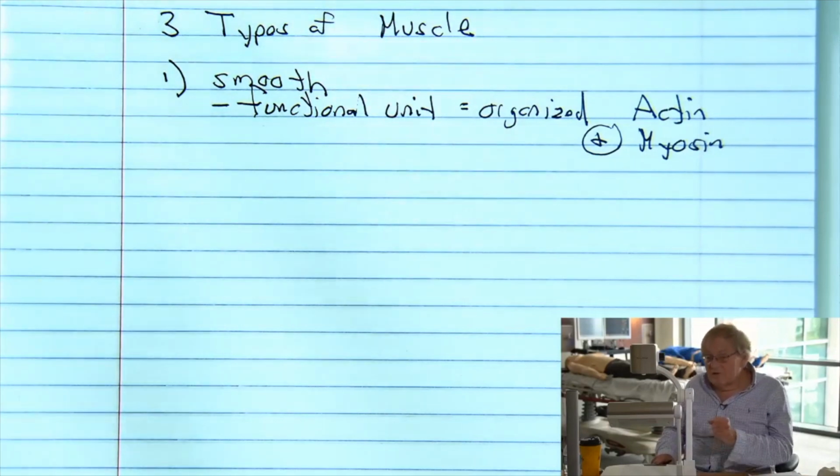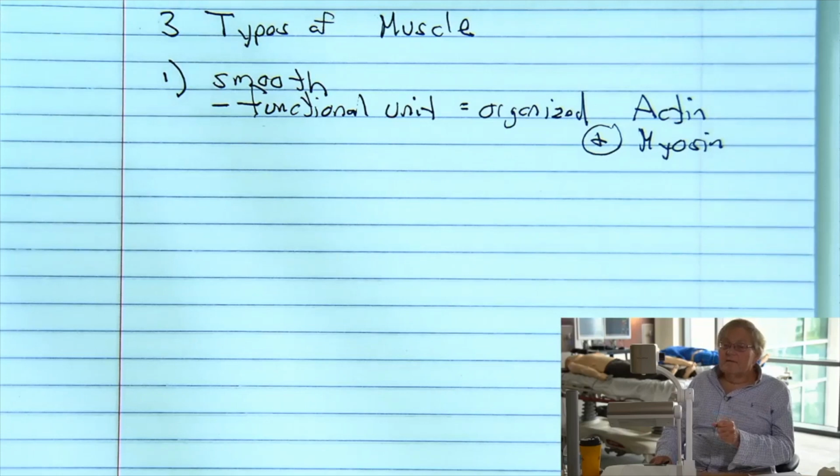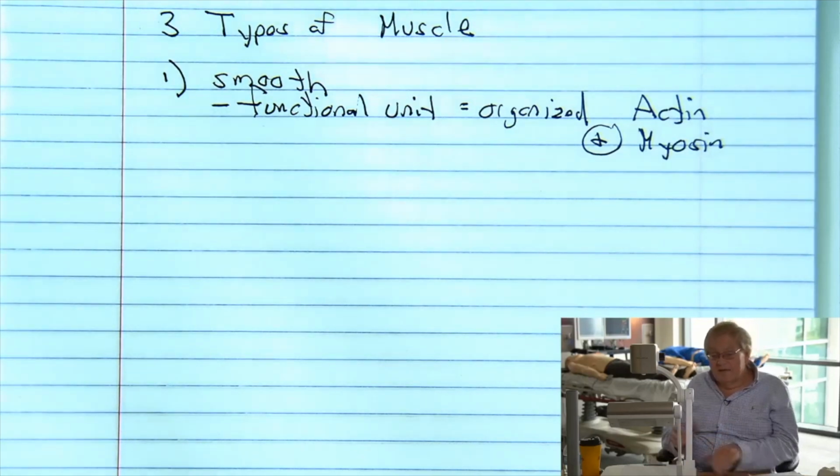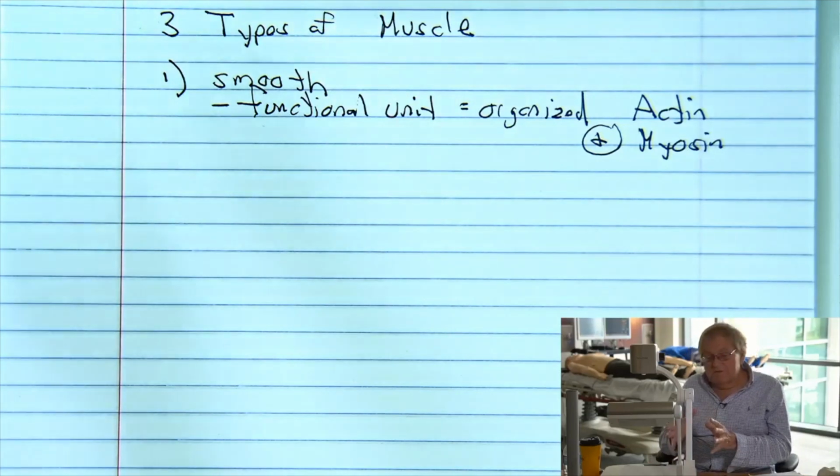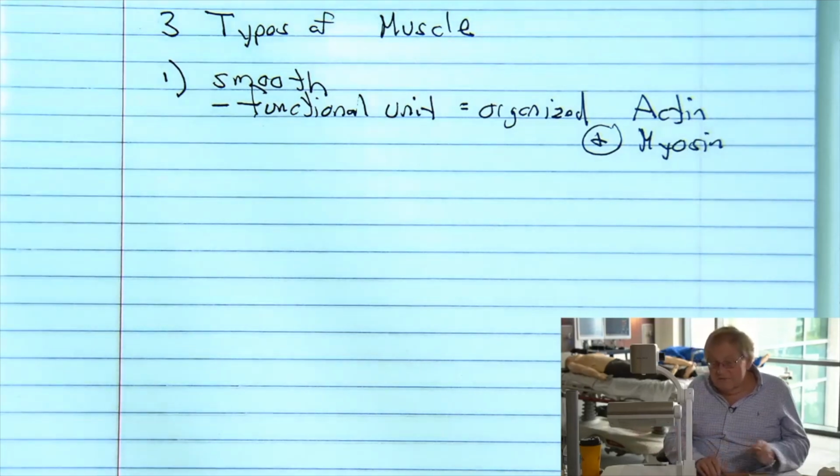But even if I could control them, because they just have actin and myosin as their functional unit and they don't have sarcomeres, I couldn't tell them to move that bolus of fecal material which came from the cheeseburgers, just as an analogy, 12 inches or 6 inches further along the tract.